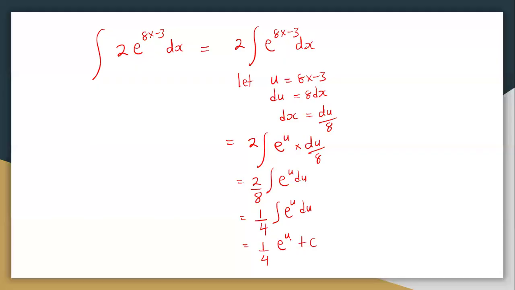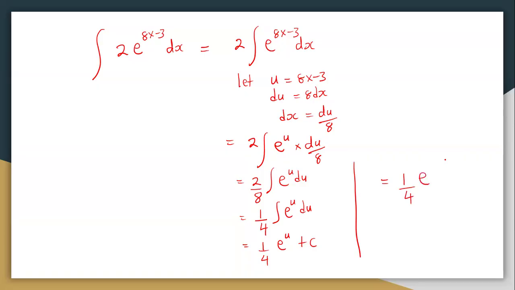But what is our u? Our u, we let it as 8x minus 3. So I'll have 1 out of 4 e^(8x minus 3), then plus constant. Hope we are on the same page.